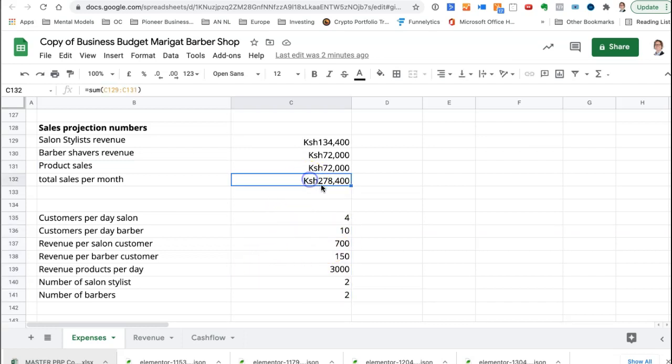The total sales would be around 278,000 Kenyan shillings. So let's say we have customers per day at the salon and the barber, revenue per customer for the salon and the barber, and revenue from products per day. Out of this, we have calculated the total amount of sales as a projection.